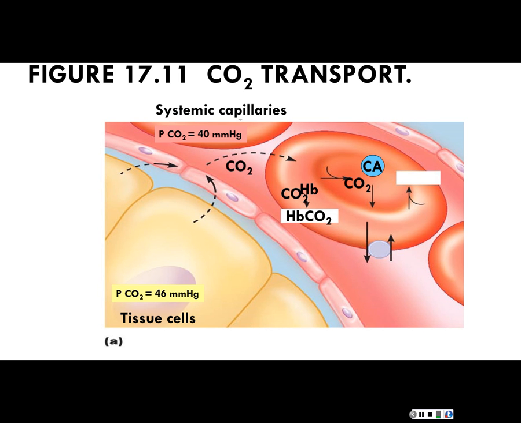I need a molecule of water. So carbon dioxide and water can be combined by carbonic anhydrase to form the intermediate. What's the intermediate? First, before it goes to bicarbonate ion, we have an acid. What is the acid? Carbonic acid, or H2CO3.